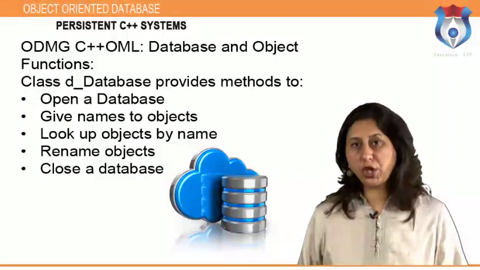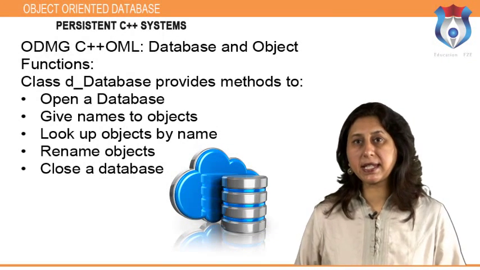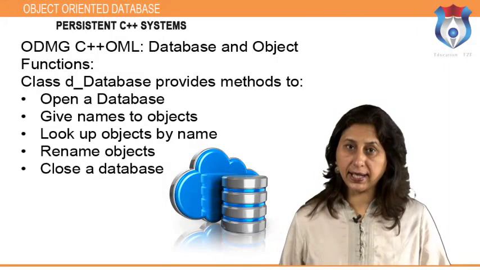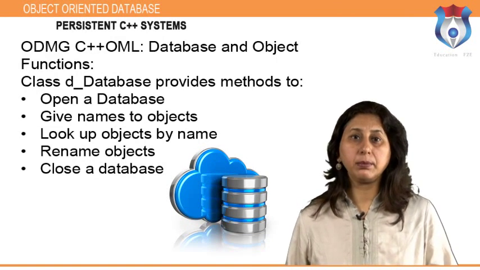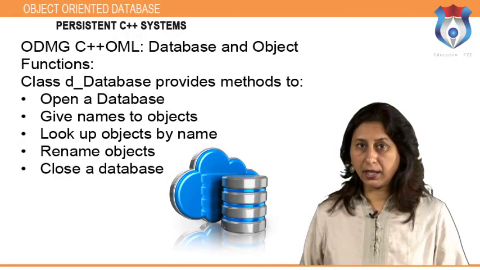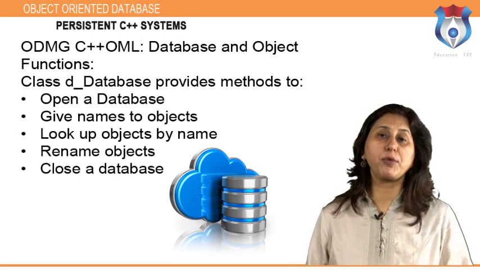Class d_Object is inherited by all persistent classes and provides methods to allocate and delete objects. Method mark_modified must be called before an object is updated, and is automatically called when an object is created.